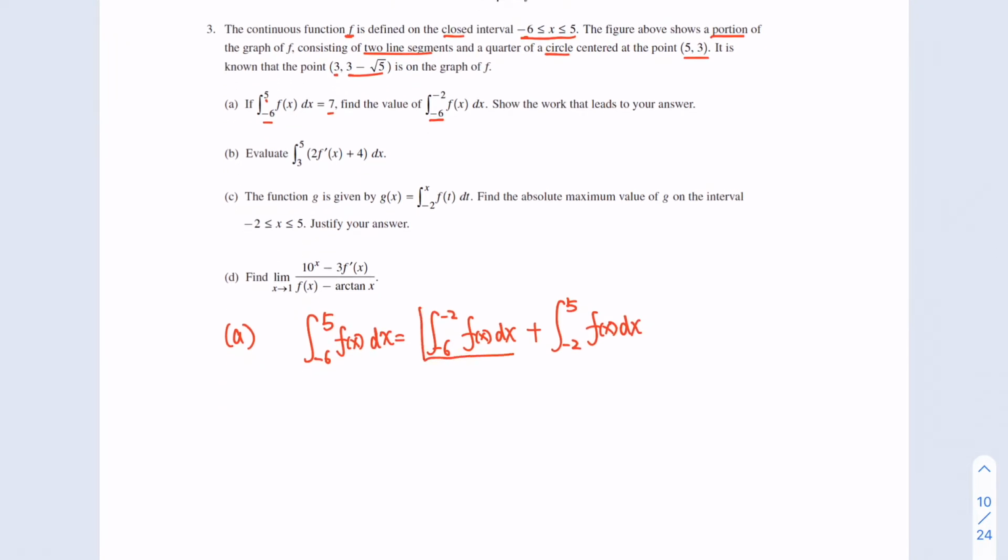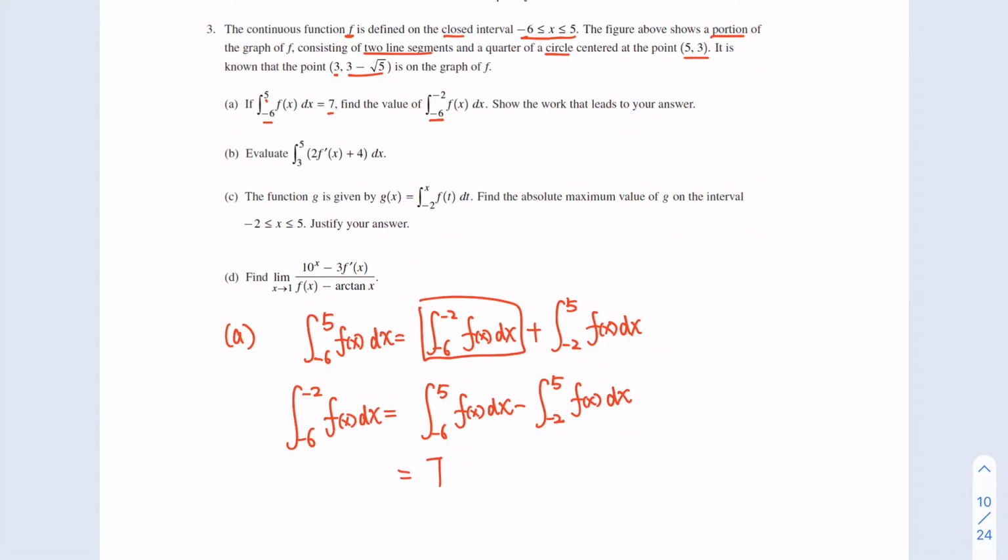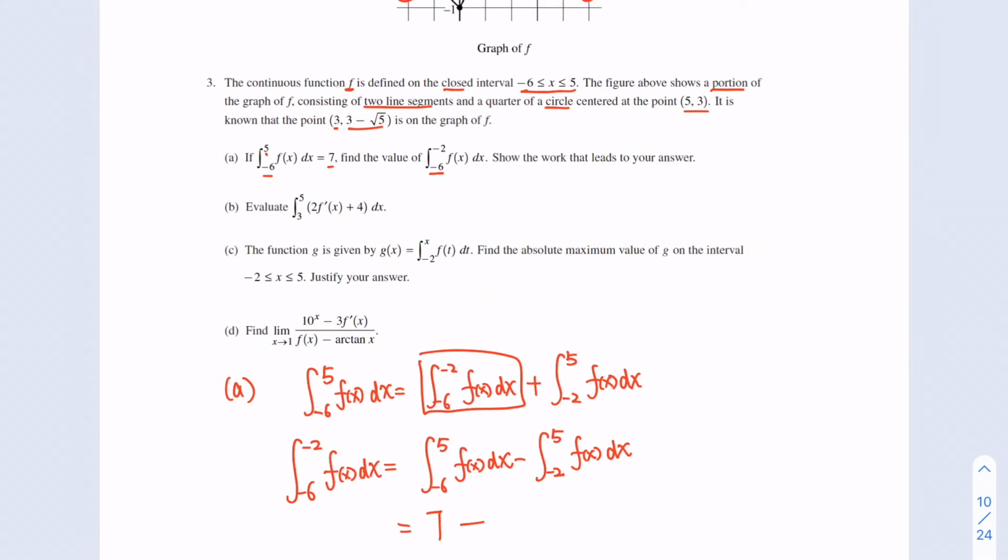So this is what we are looking for: the integral from -6 to -2 equals the integral from -6 to 5 minus the integral from -2 to 5. And the first is 7, that's what's given.